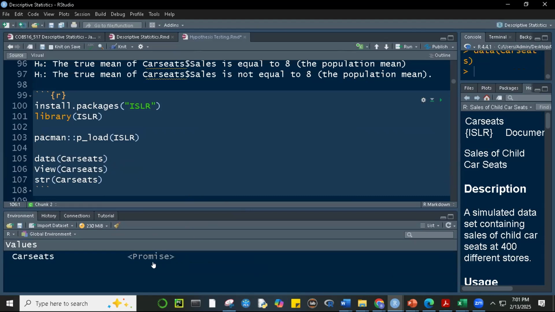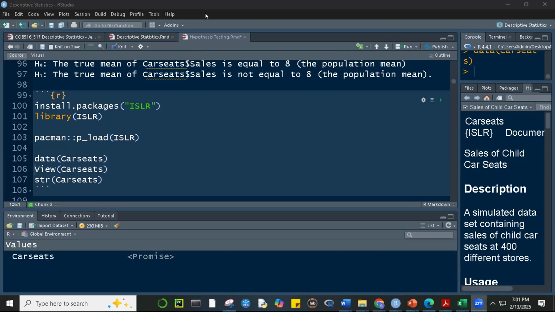What happened, class? Can you tell me what happened to your global environment? May I have your comment, please? When you run data car seats, what happened to your global environment?